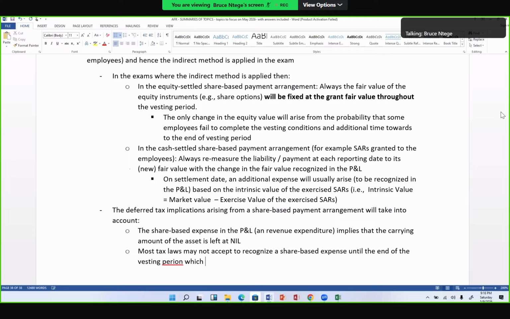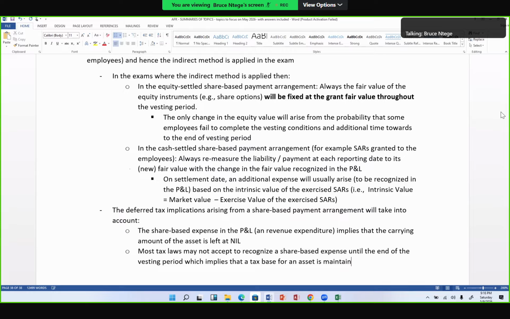Which implies that a tax base for an asset is maintained.